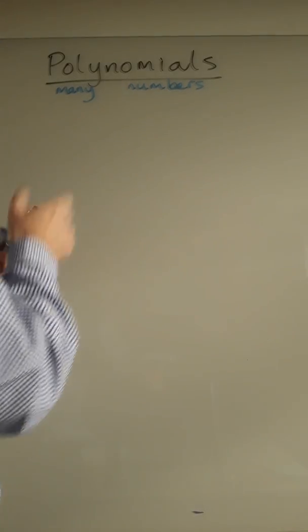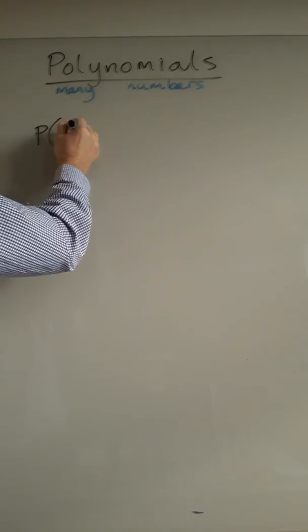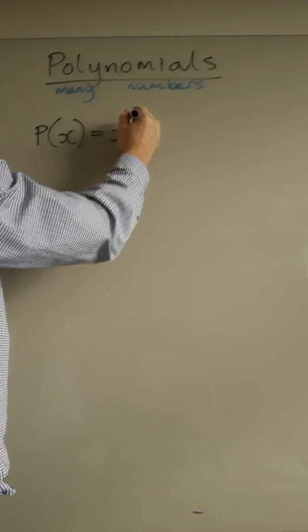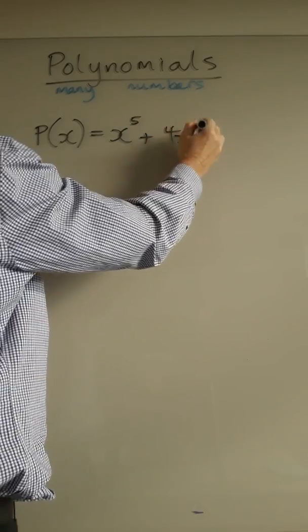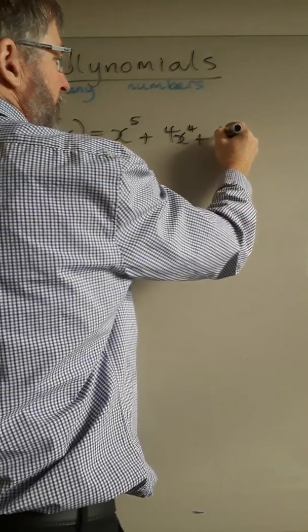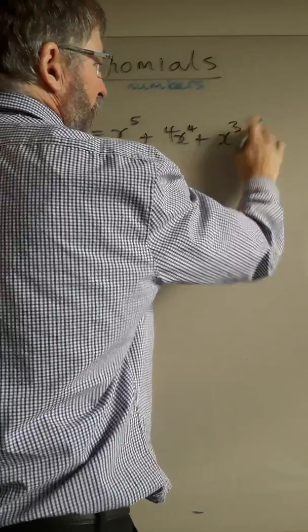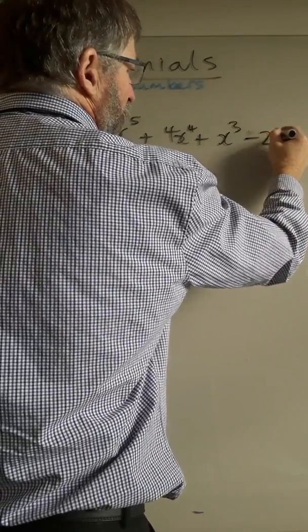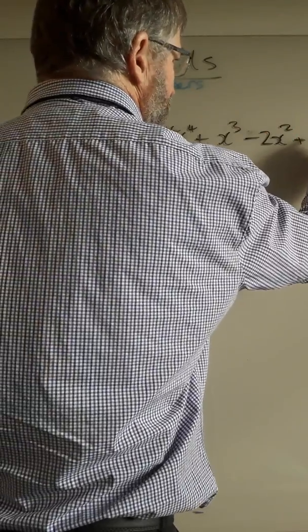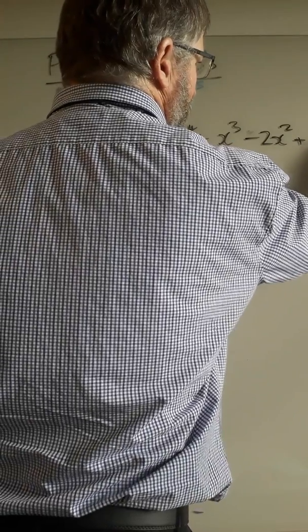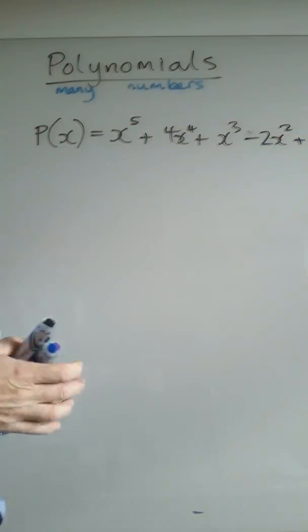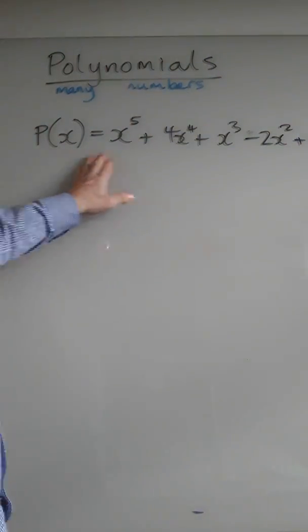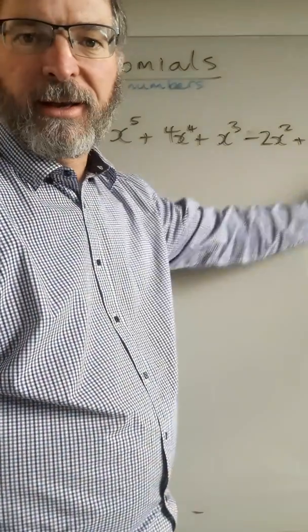So a polynomial, just in general, might look like something like this: x to the 5 plus 4x to the 4 plus x cubed minus 2x squared plus 5x plus 3, or something like that. It doesn't matter, but that's a polynomial that's written down there.